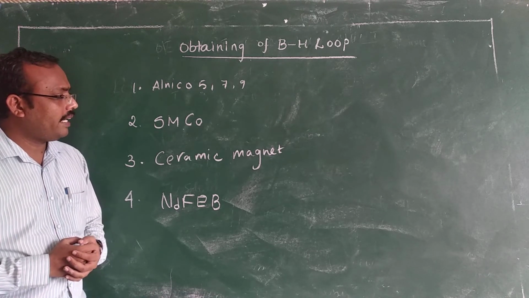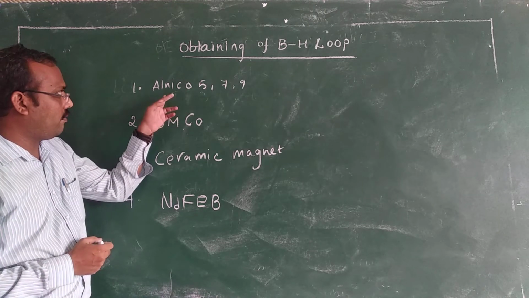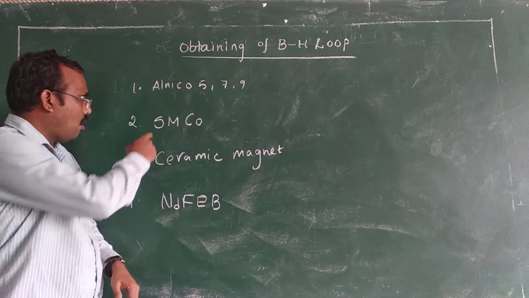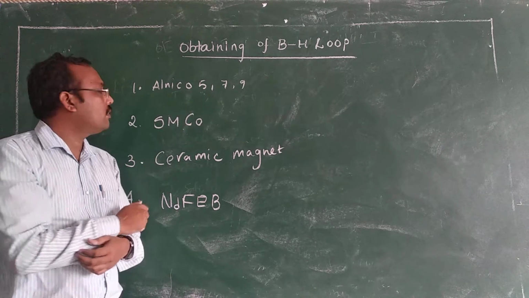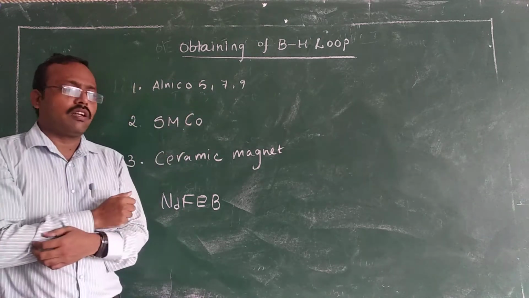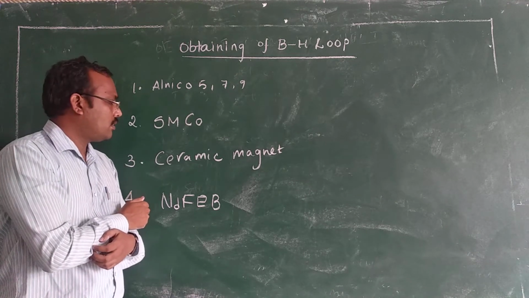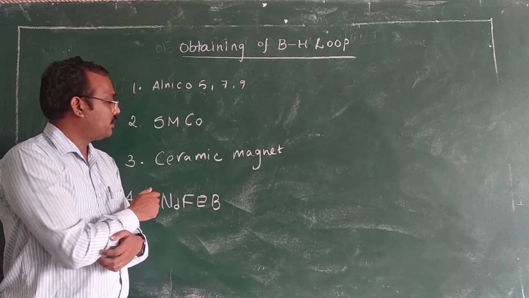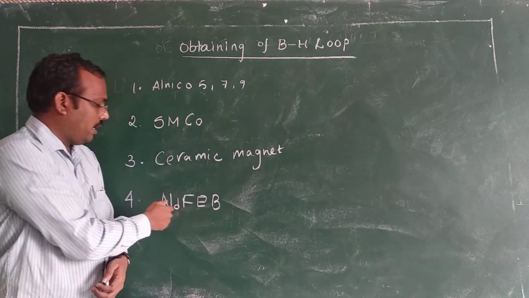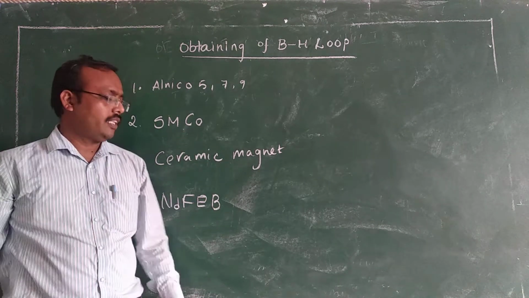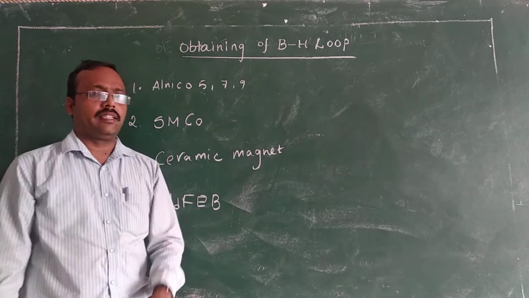We have alnico 5, 7, 9, SmCo, also called samarium cobalt magnet, ceramic magnet, and NdFeB, also called neodymium magnet.